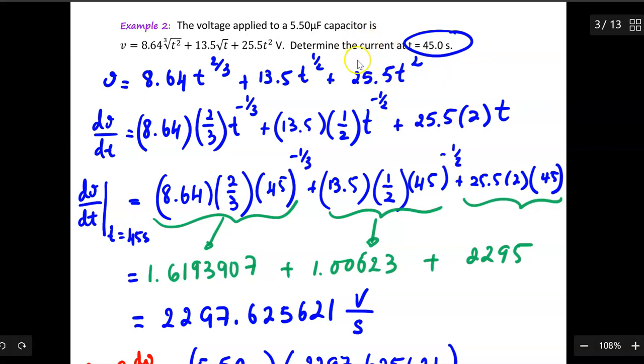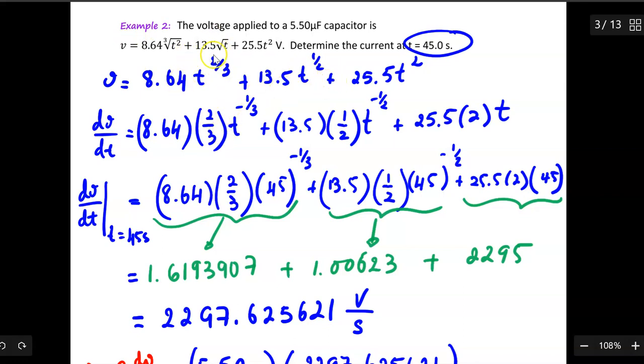Sometimes they say current, or they say instantaneous current, but if V is given to you in terms of time, then it's definitely the instantaneous current, with the current going through this capacitor, given the voltage is in this form. And again, a capacitor is a component in electrical electronics that acts as a temporary voltage source. So it has a lot to do with the voltage in this case.